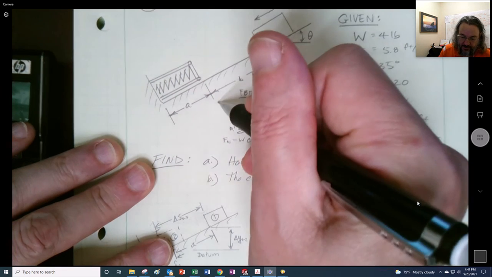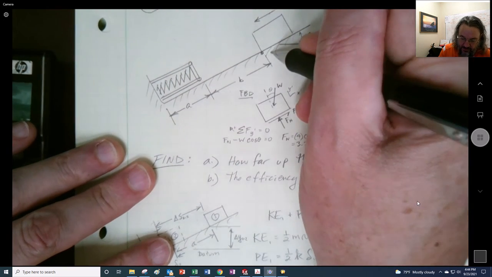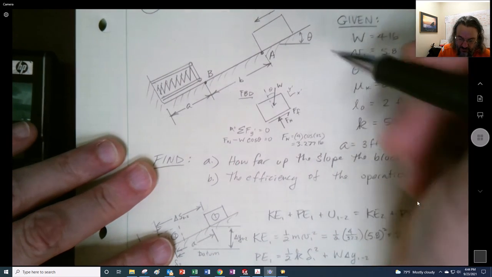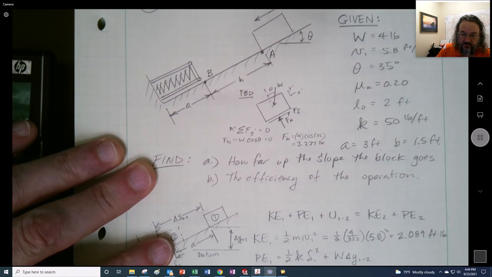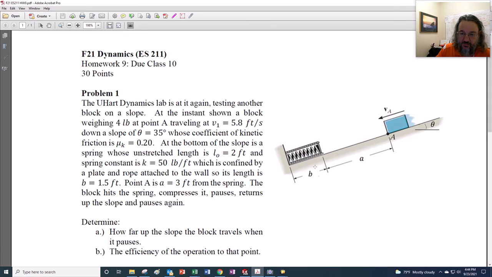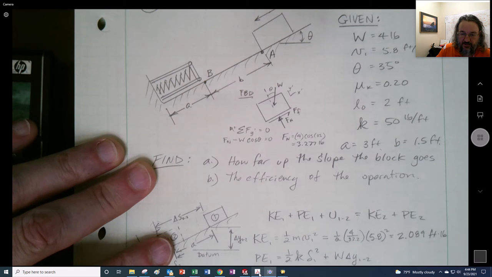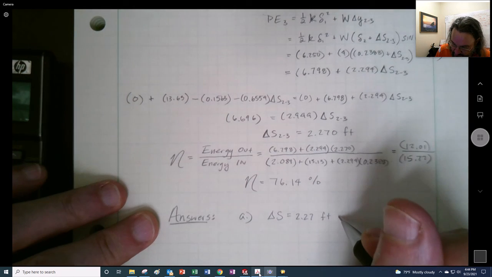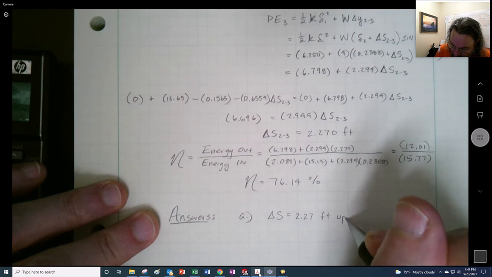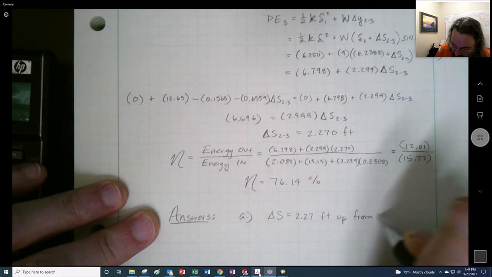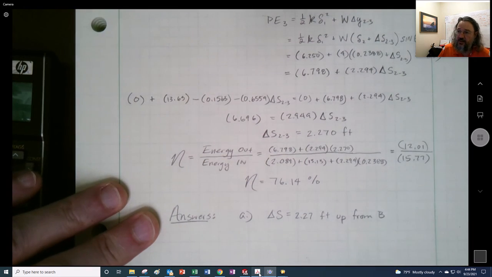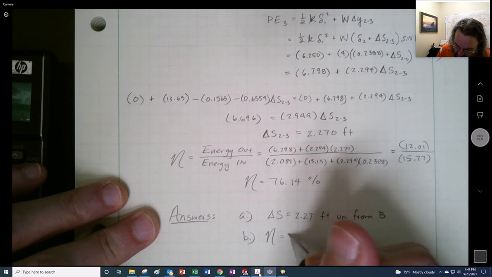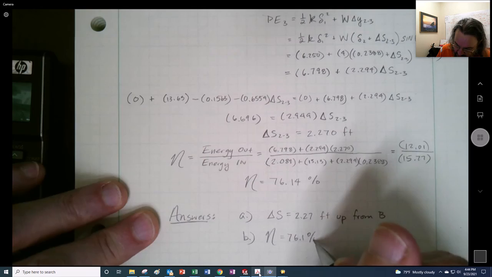And maybe I'll cheat and, okay, this is called A right here. Let's call that B. I don't think the original problem said that, did it? The original problem didn't give me a spot. I should probably have called that B. Would have been a good thing. So I'm going to write up from B. See, and that will tell me what the thing. And then B is I'm going to have an efficiency of 76.1%.